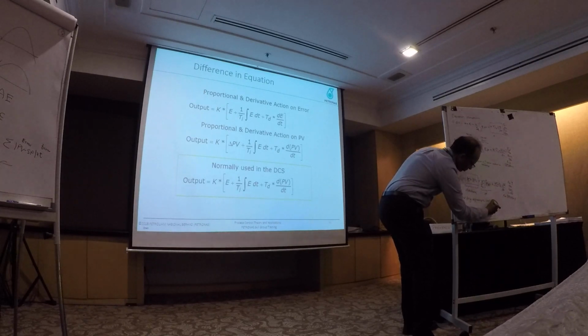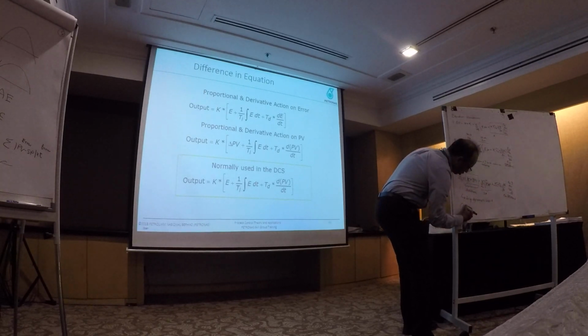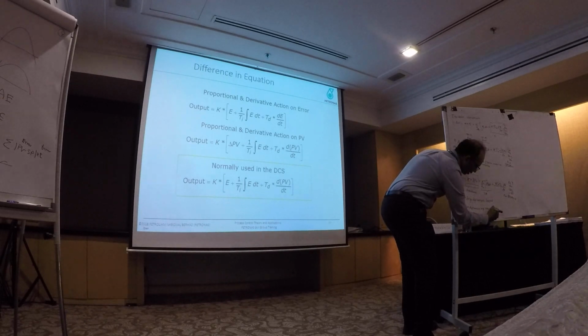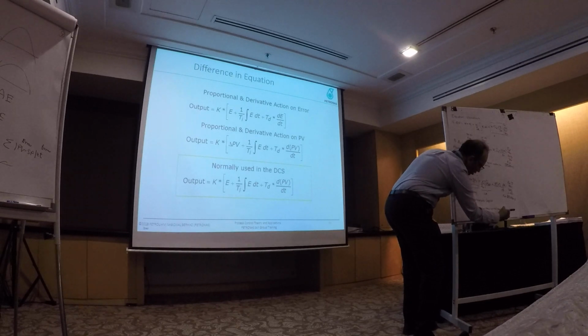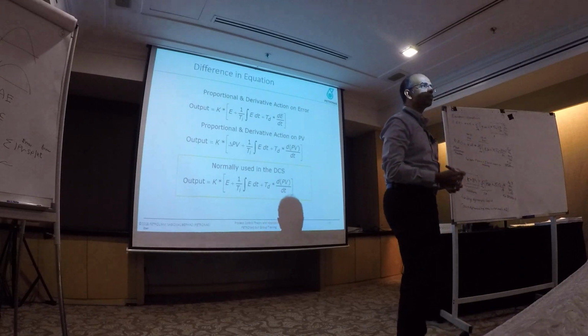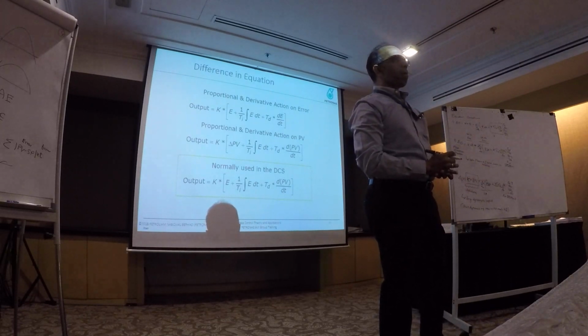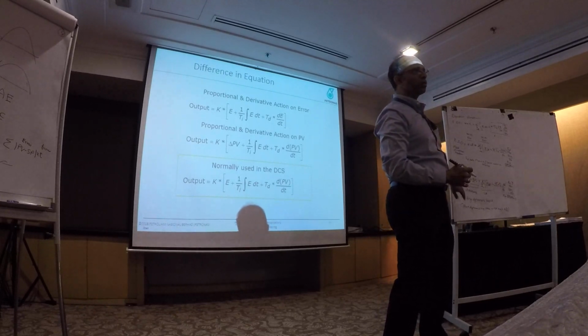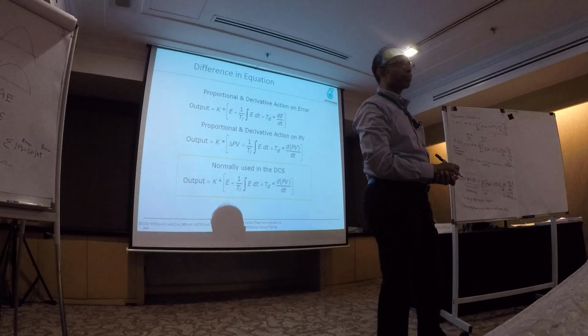Now for short dynamics, for example flow, you don't get much difference. So if it's a flow loop, you generally wouldn't consider applying this equation. But if you have a long dynamics loop, you generally find this equation performs very, very well.